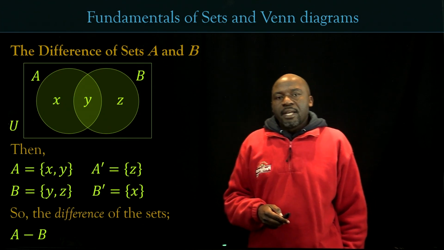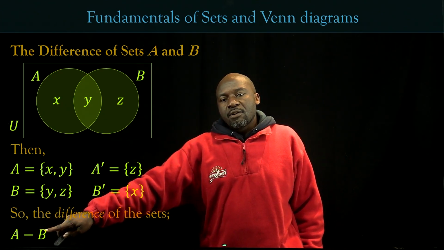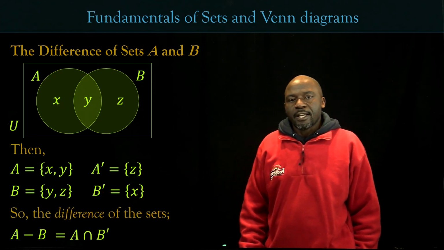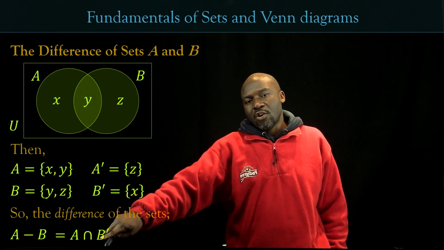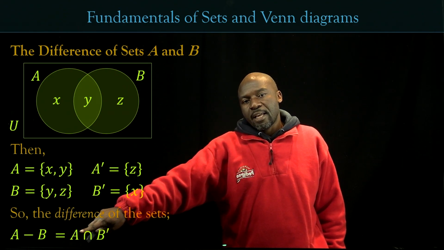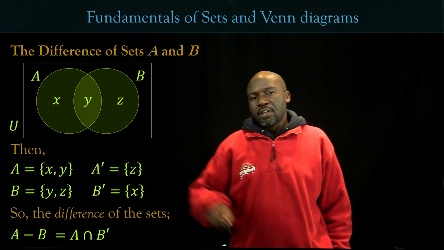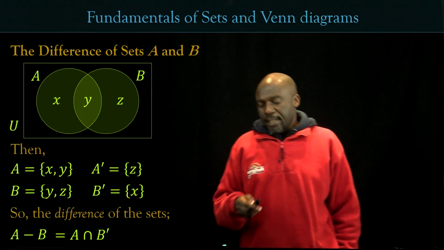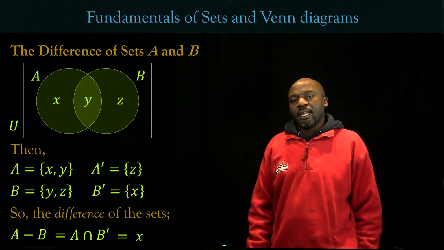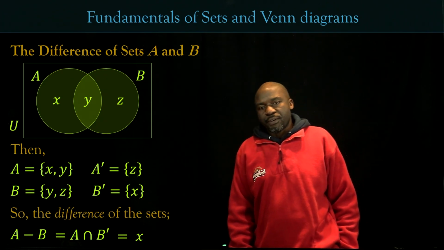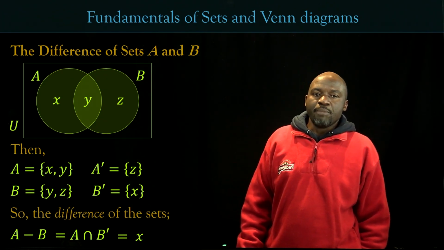So the elements of set A that are not in B are sometimes expressed like that. This means inside A and not in B. So in A and not in B. So X there is in A and not in B, and therefore that is the set A minus B, or the difference of the set A and B.